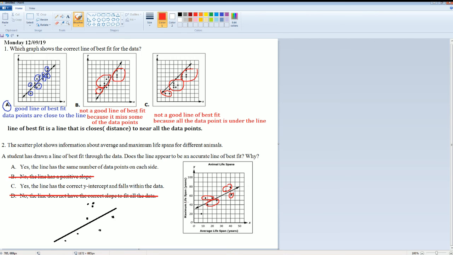So those should be near the line of best fit. So we would say the answer would be C. So there you go.